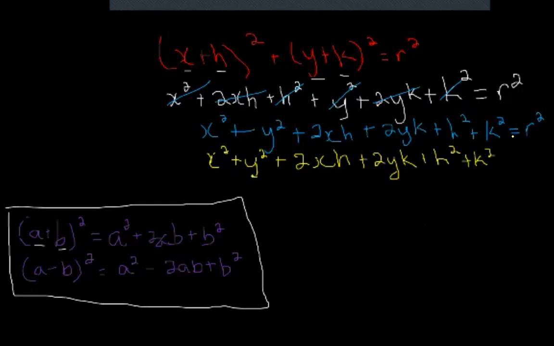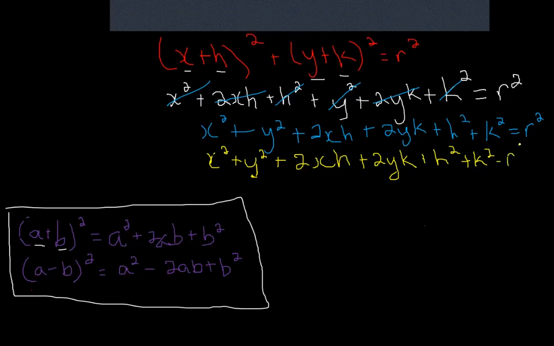And if I want to set this entire equation equal to 0, I need to subtract r squared on both sides. So this becomes minus r squared is equal to 0.